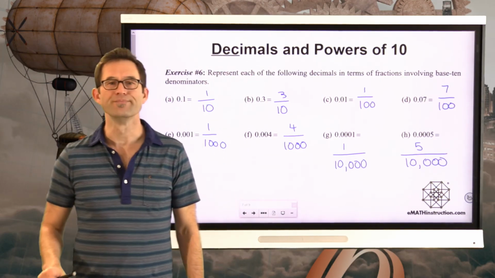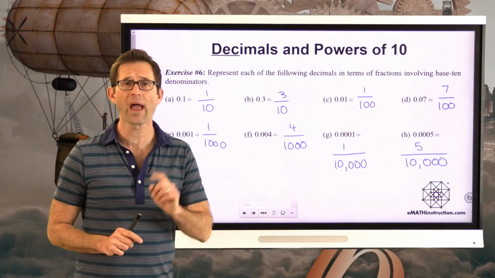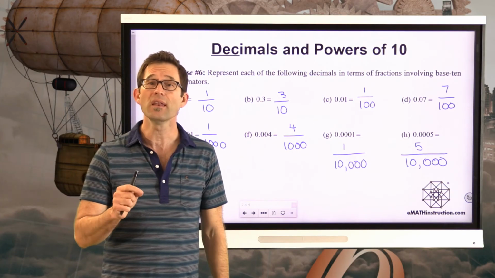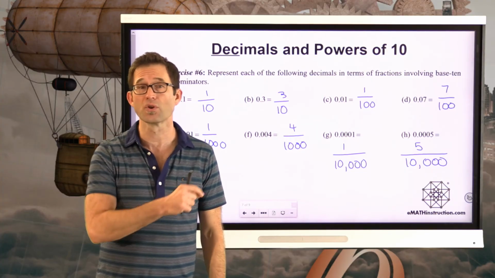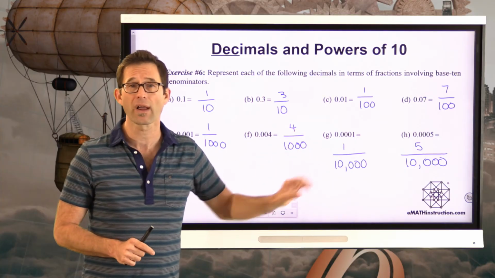It's amazingly important to understand the connection between decimals and fractions whose denominators, the number on the bottom, are powers of 10, because it is the way these numbers are defined. It's just a different way of showing them without having to have the fractions there.